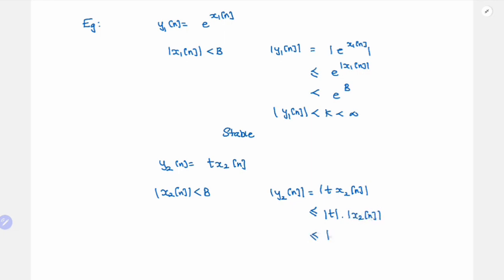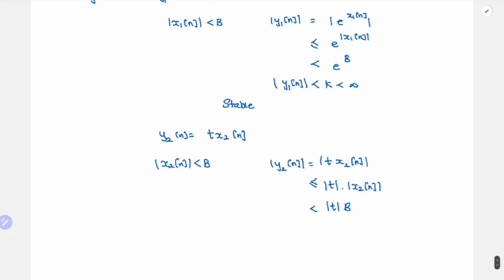Again, this is less than or equal to |t| B. But this may not be less than infinity because t itself tends to infinity, right? So your y2[n] tends to infinity as t tends to infinity.